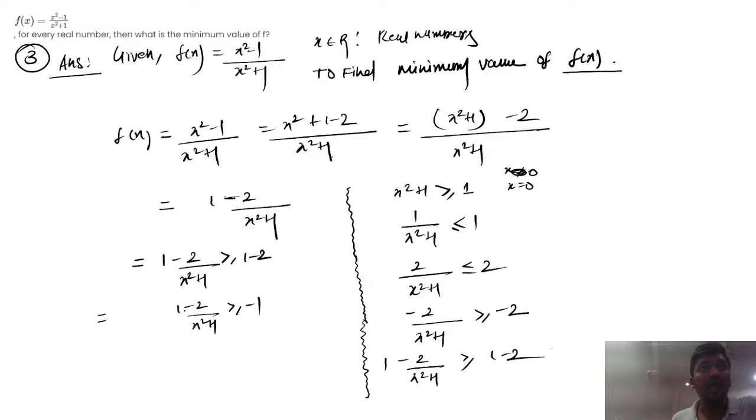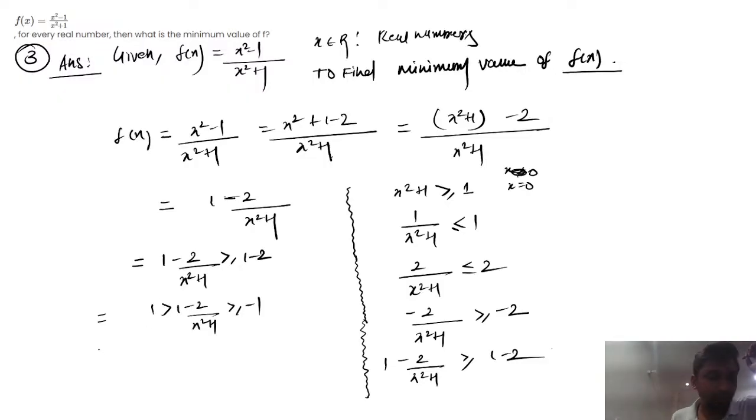And what is this? This is nothing but, okay, wait a minute. And this number can we write like this? Also less than 1.